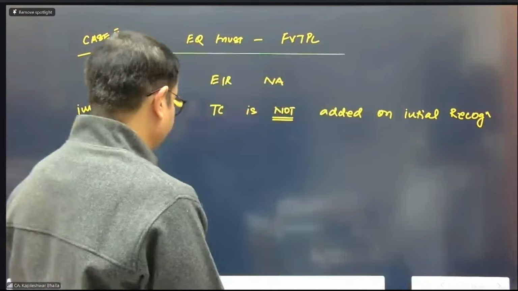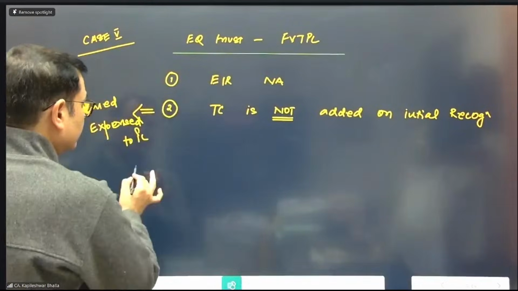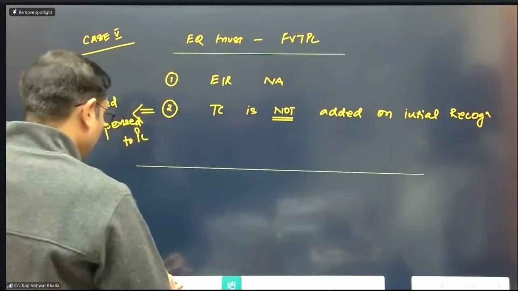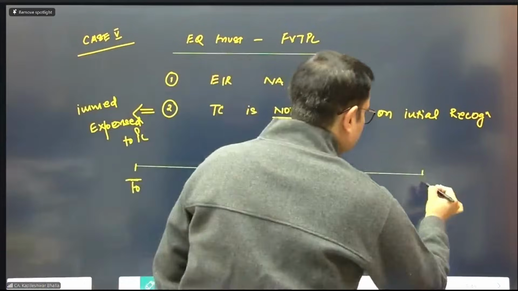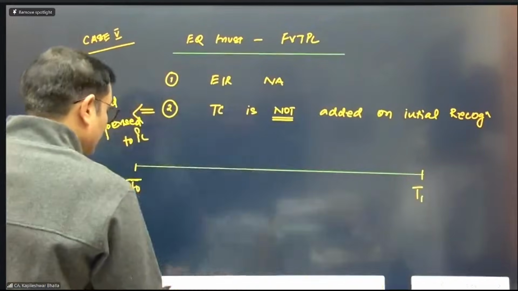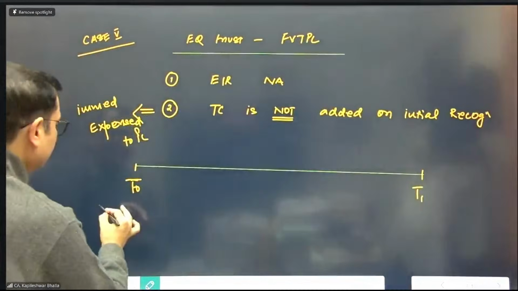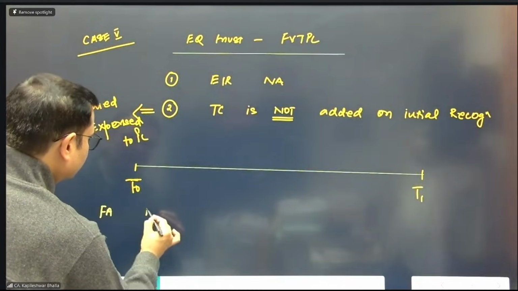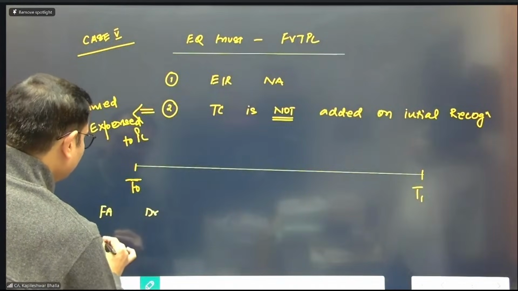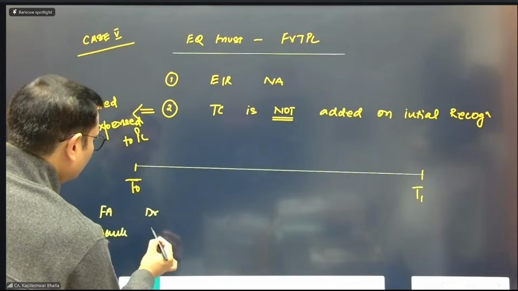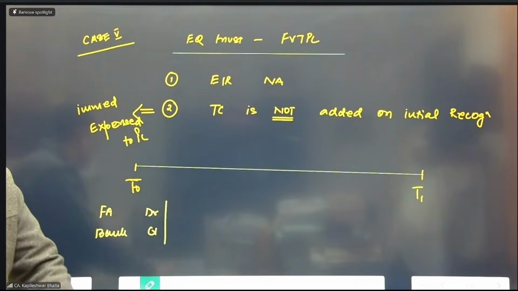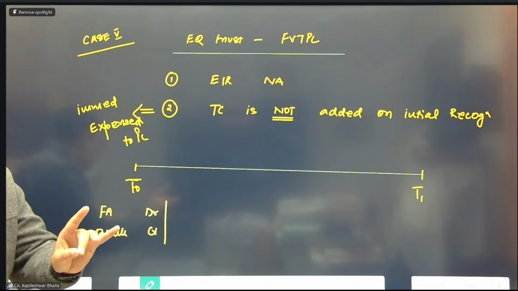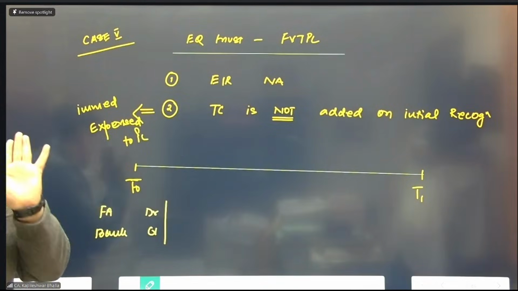So again, for clarity of thought, let's create a timeline to see the accounting for FVTPL, T0 and T1. We made the investments at the inception. Financial asset gets a debit and bank gets a credit. Would you like to tell me what is the amount of initial recognition? 95, or is it going to be 97?